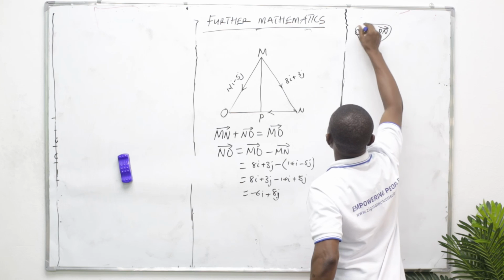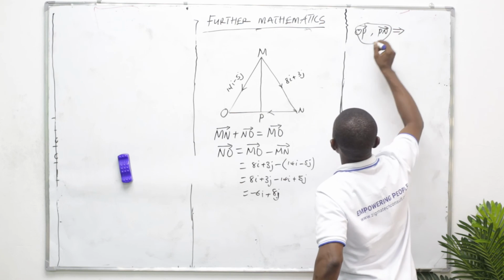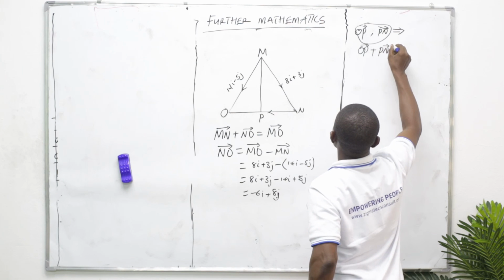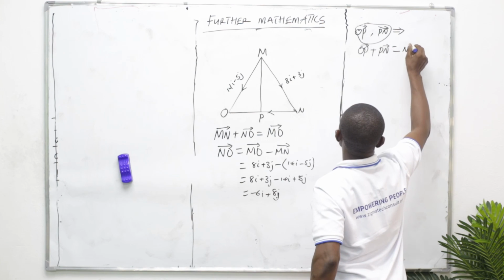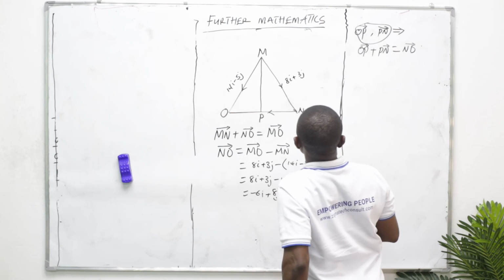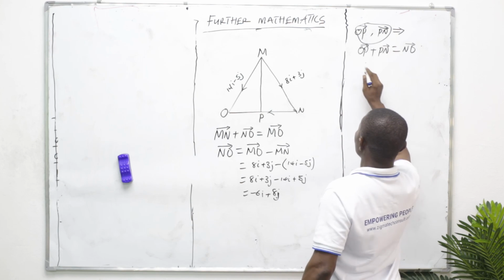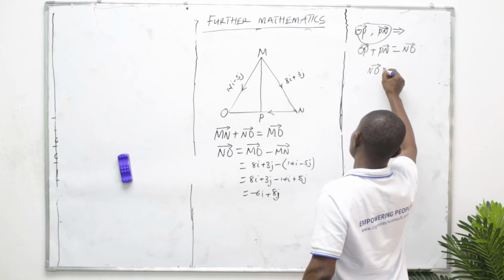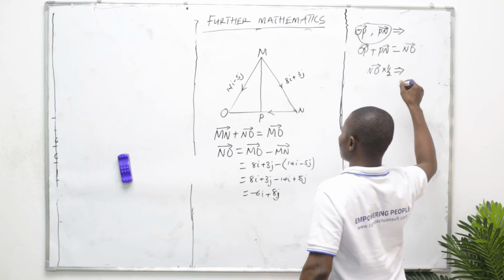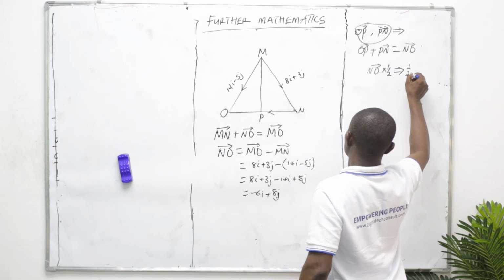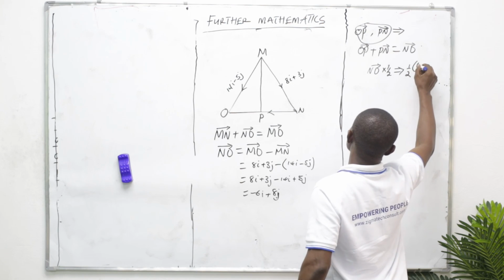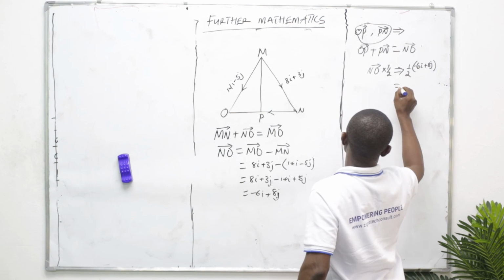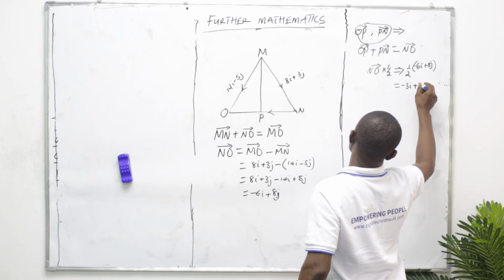Two of them implies OP plus PN equals NO. So we have to get half of NO. Half of NO implies 1 over 2 bracket 6i minus 8j, to give us 3i minus 4j.